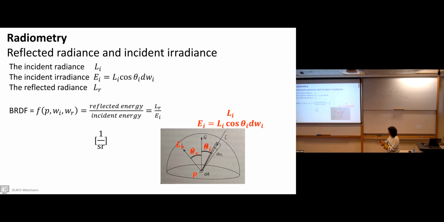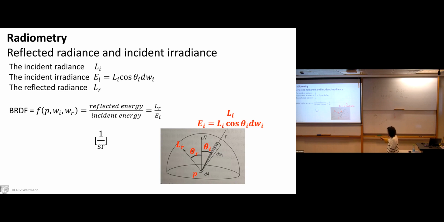If I take into account that any direction can be parameterized by 2 angles, the BRDF has the point and the direction, 2 angles and other 2 angles. BRDF is P, WI, WR, like what is written here. Functions that depend on the point and 2 directions.